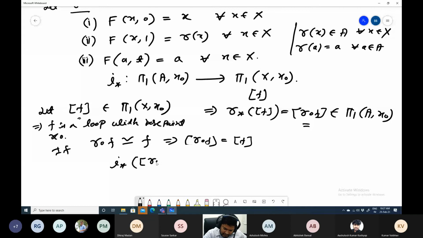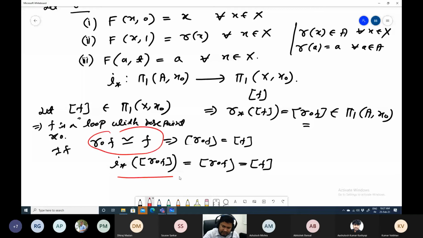Now what is i star of R composed with f? Since it is in A, it is R composed with f as well, and this is equal to f. So therefore we are done. So if we prove this, then we are done. Is it clear?